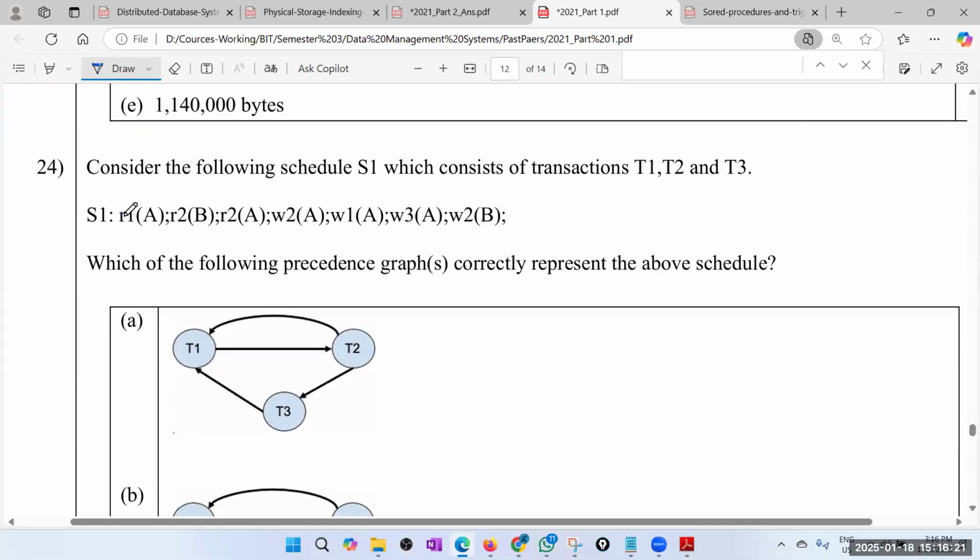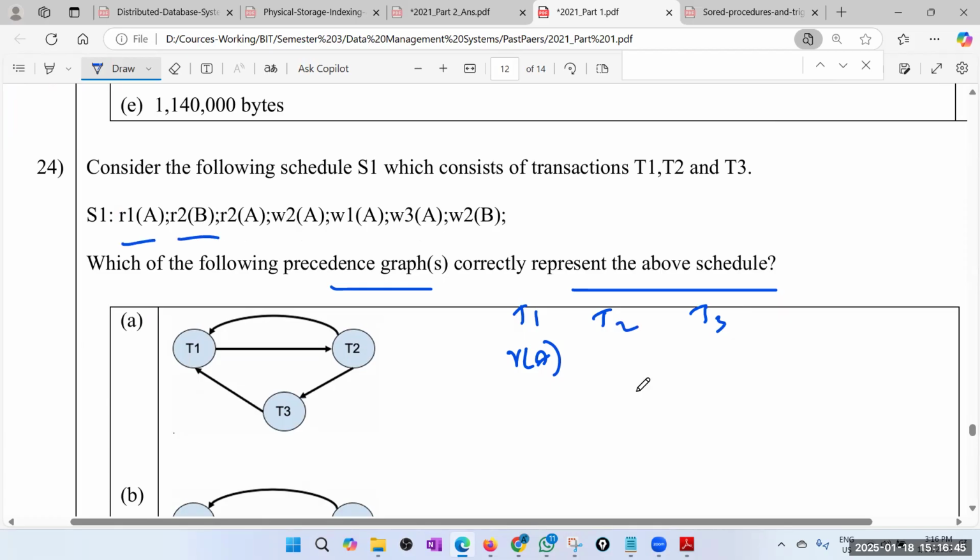Right, 24. Which of the following precedence graph correctly represents the above schedule? I can do this one now. I have drawn the precedence graph. This is transaction 1, transaction 2, transaction 3.